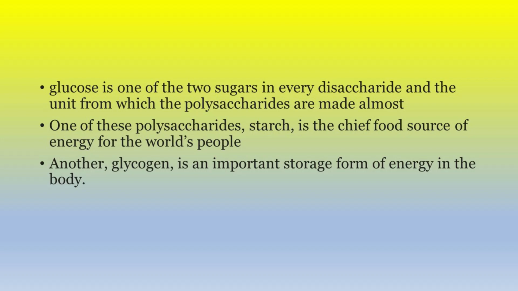The naturally occurring form of glucose is D-glucose, while L-glucose is produced synthetically in comparatively small amounts and is less biologically active. Glucose is a monosaccharide.